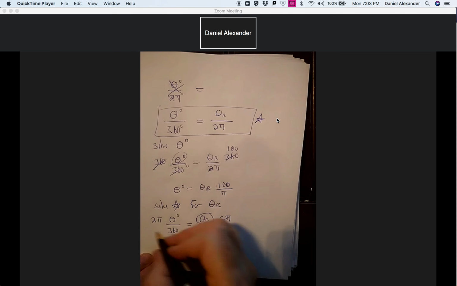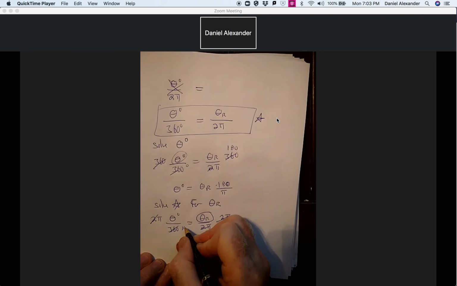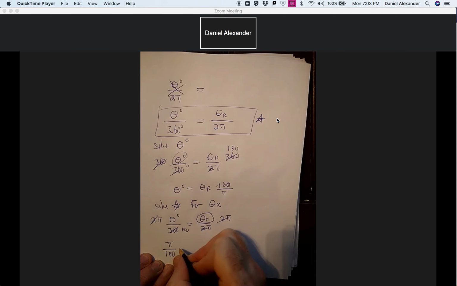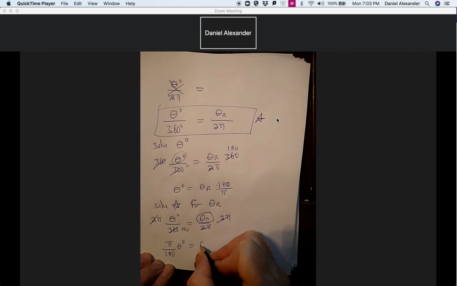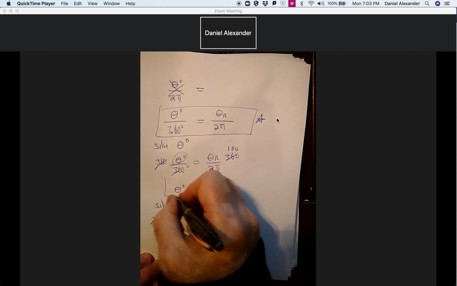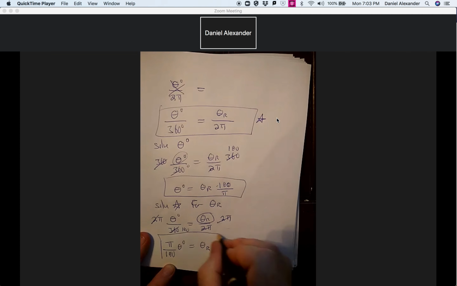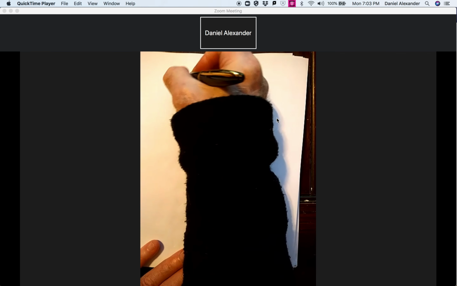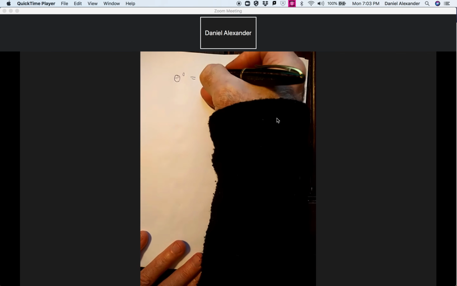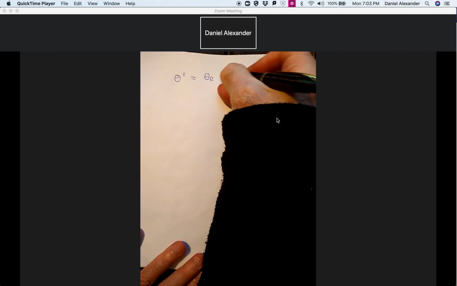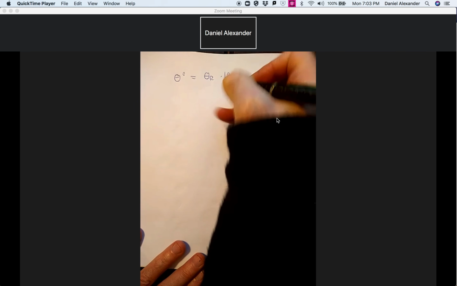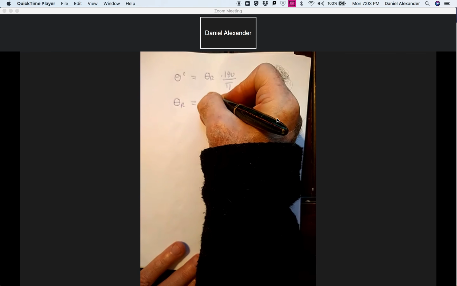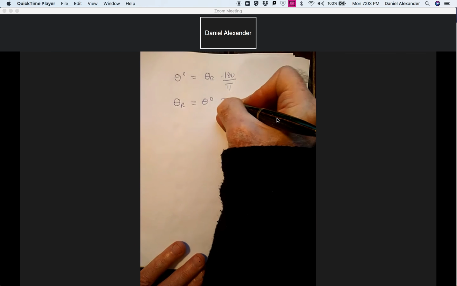That cancels, and that's going to be now over 180, so I get pi over 180 times theta degrees equals theta in radians. Let me write that on the next page. Theta degrees equals theta radians times 180 over pi. Likewise, theta radians equals theta degrees times pi over 180.